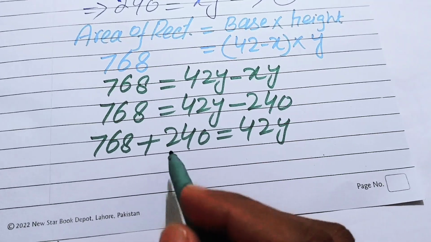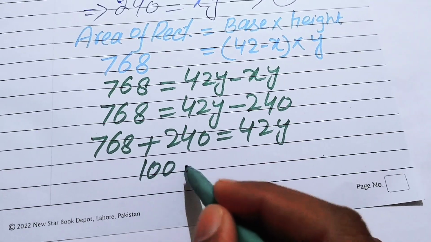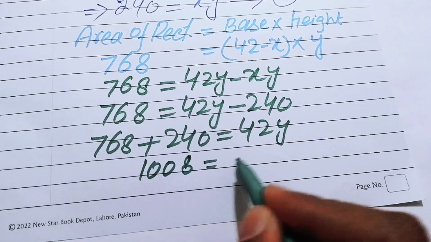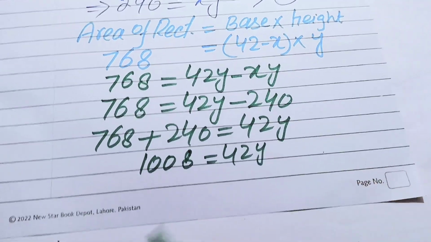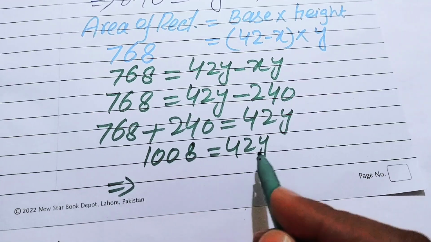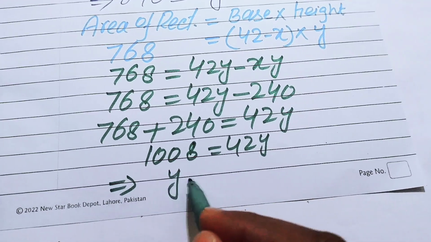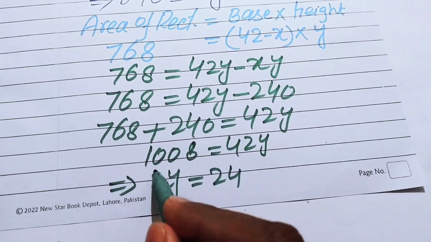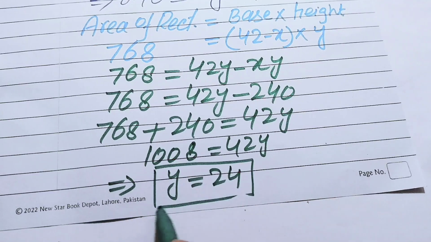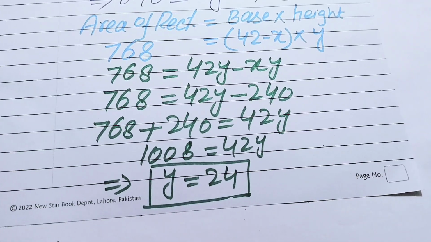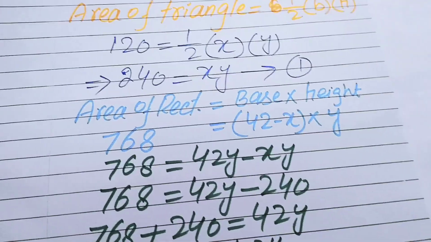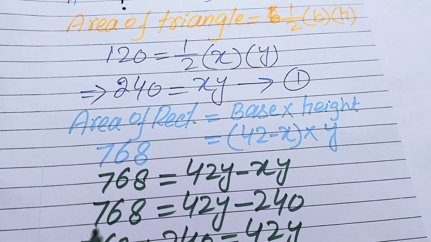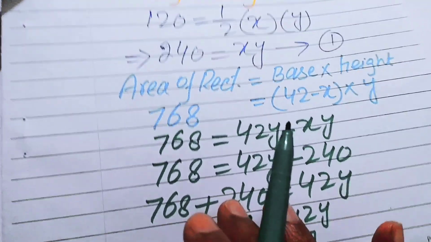When we add these two values we get 1008 equals 42 times y. Now we divide by 42 and the value of y will be 24. This is the value of y, and now we substitute this value of y in equation number 1 to get the value of x.